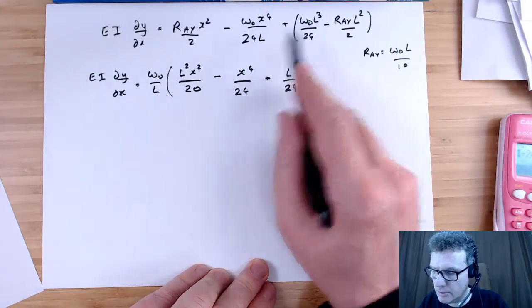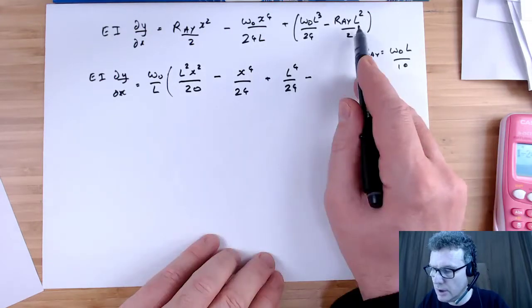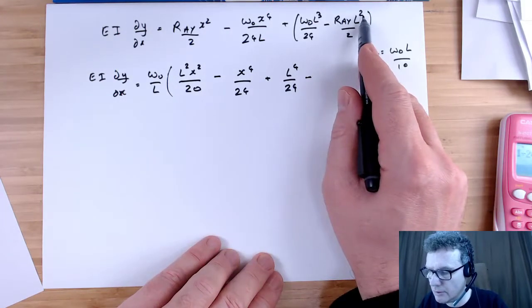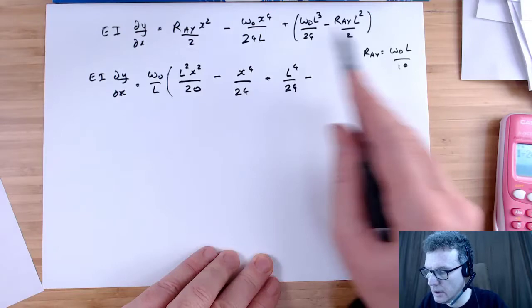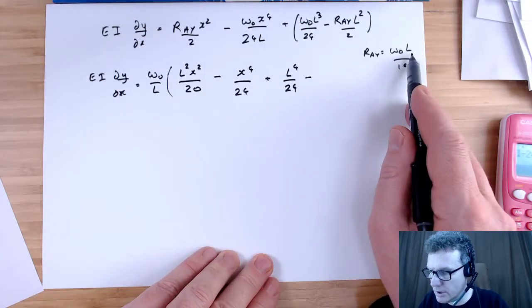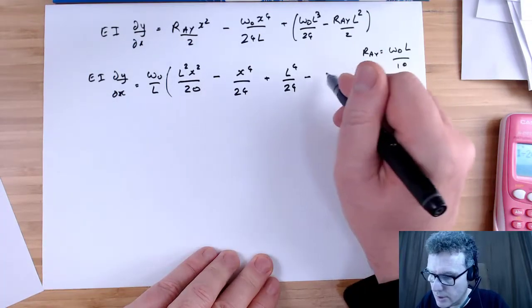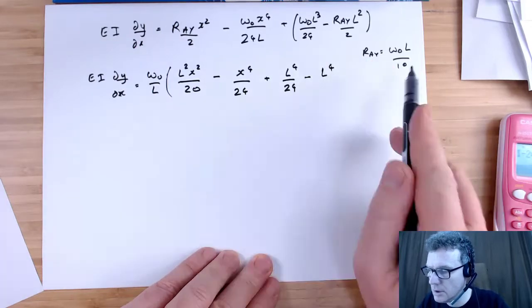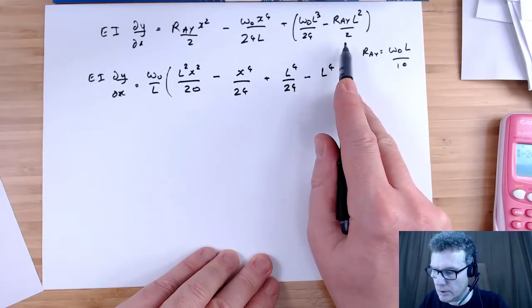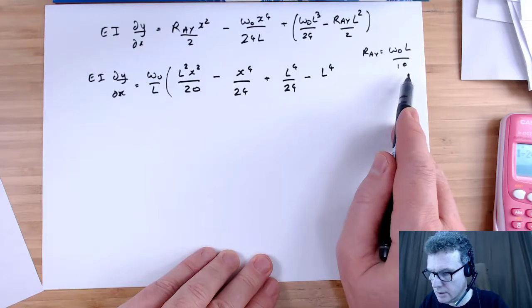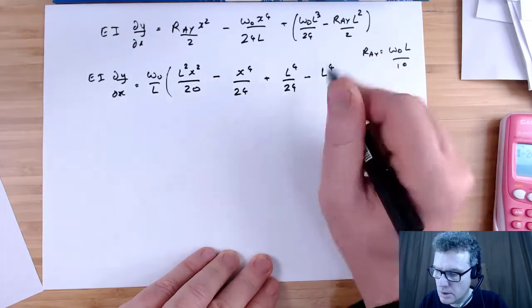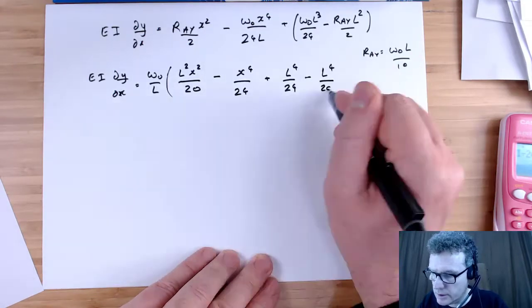So the L to the power 3 becomes L to the power 4. Here it's going to become L to the power 3 because of the L there. Then with this L here it becomes L to the power 4. So L to the power 4, and then we've got 2 times 10. So that's a 20.